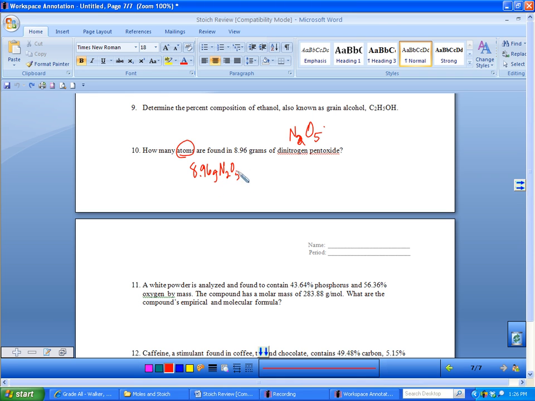And I converted that to moles. I said that there was 1 mole of N2O5 for every, all right, so 28 for the nitrogen, and 16 times 5 is 80 for the oxygen. So that was 108 grams.